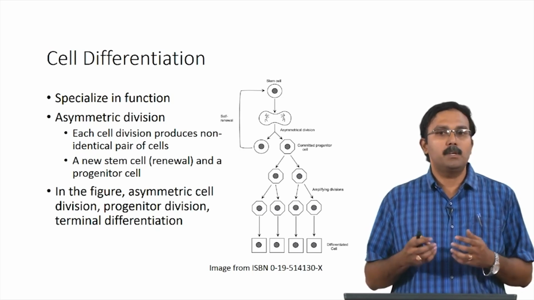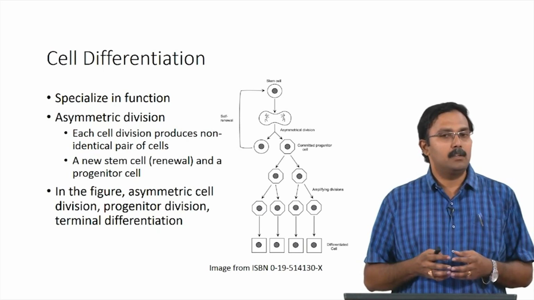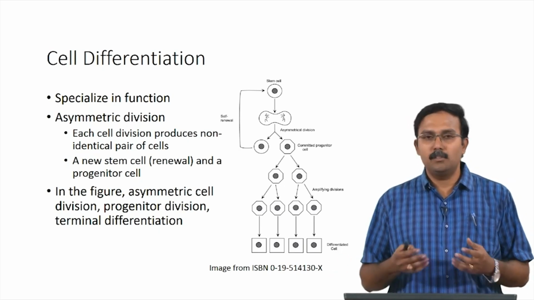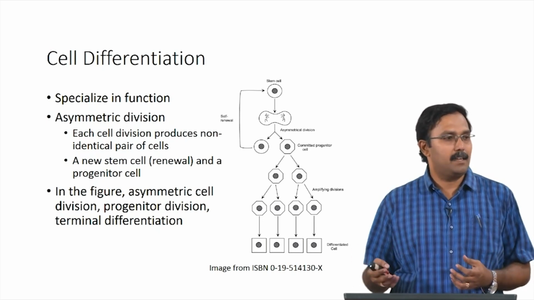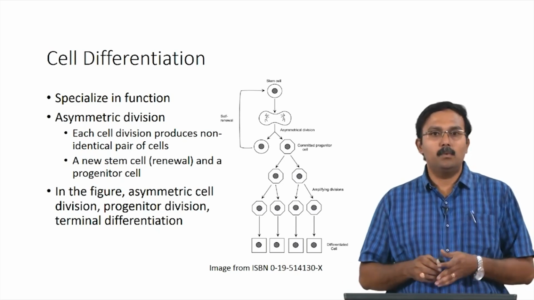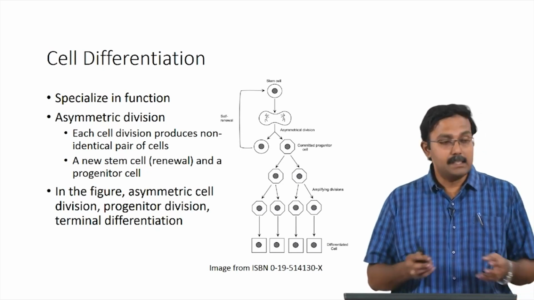But usually these progenitor cells multiply through just regular cell division to form more progenitor cells, which then get differentiated. This is because, as I already mentioned, progenitor cells divide at a much faster rate compared to fully differentiated cells. So what you are seeing in the figure is, the first step is the asymmetric cell division, where the cells are dividing.